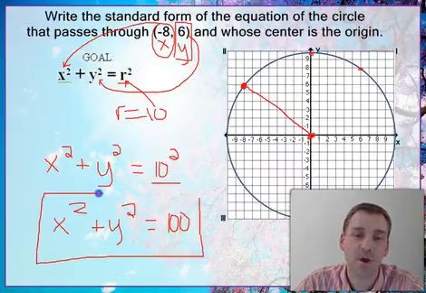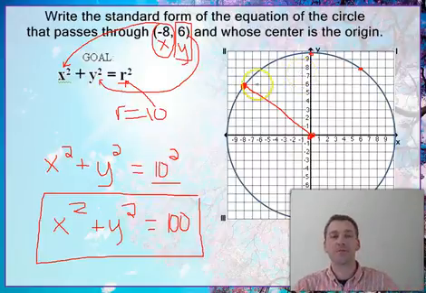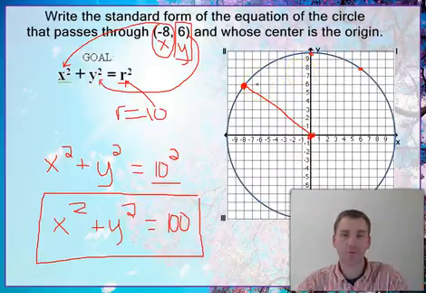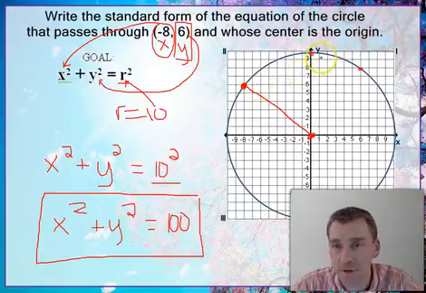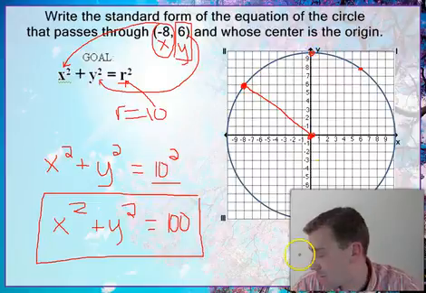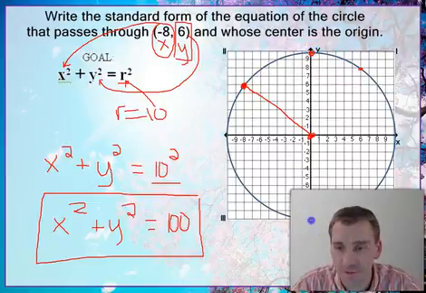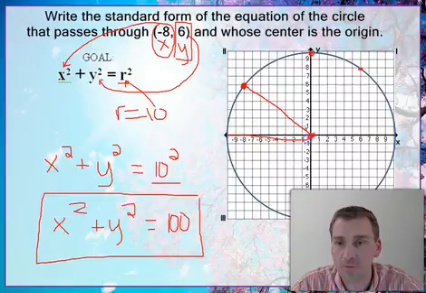That is the equation of this circle right there, where the radius is 10, and notice this up here is actually 10, 10 there, and 10 there. So they are all correct, all passing through 10.